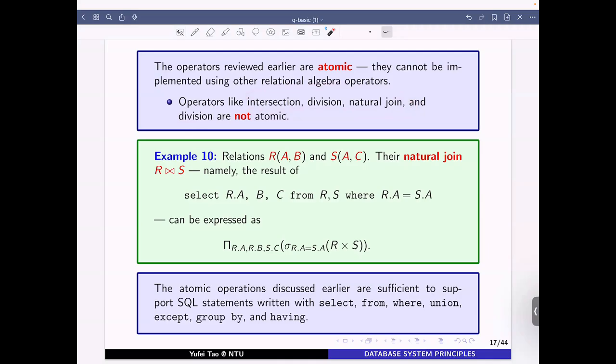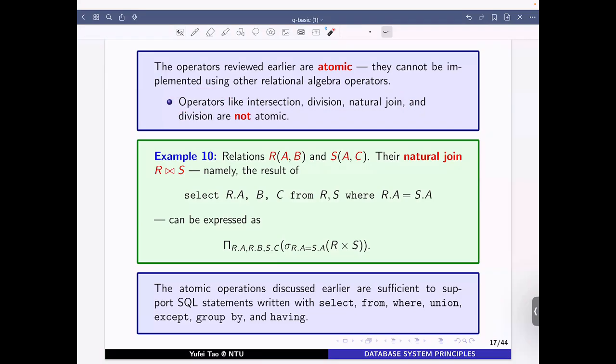Intersection can actually be implemented using union and set difference. And division can also be implemented using the atomic operators in some complicated way. So these operators are not atomic.